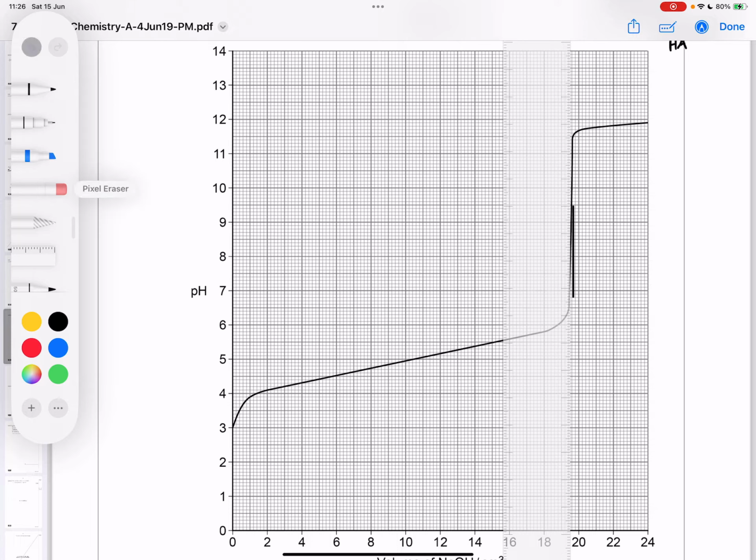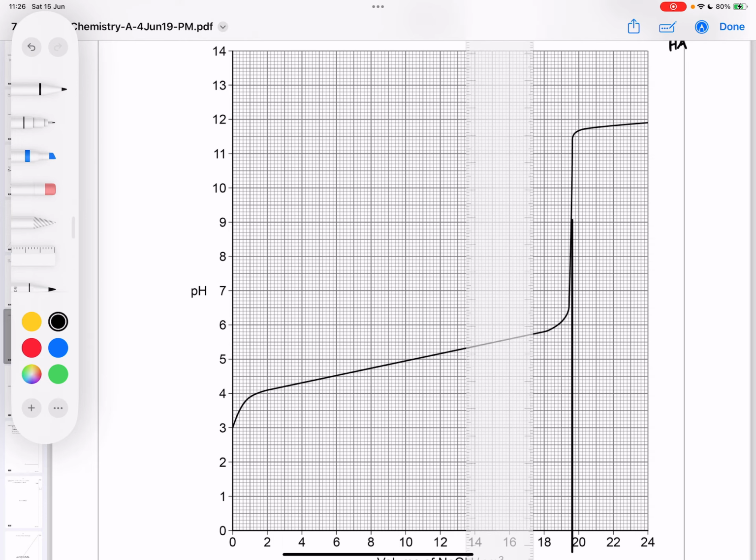I'll move my ruler ever so slightly so that I can go from the centre of the straight part down to the bottom. Read that off and see that that is 19.6 centimetres cubed.